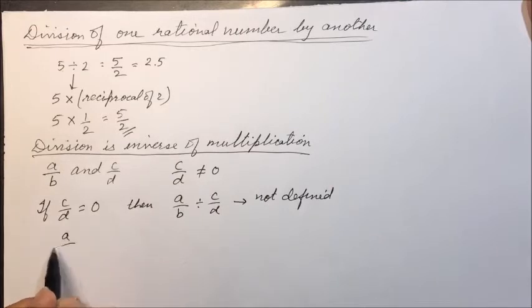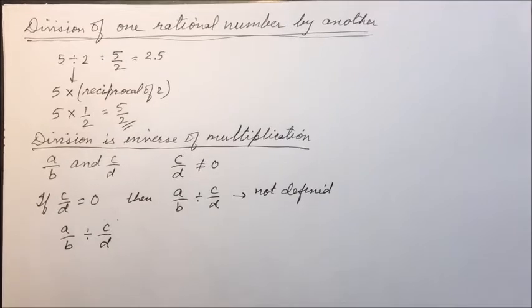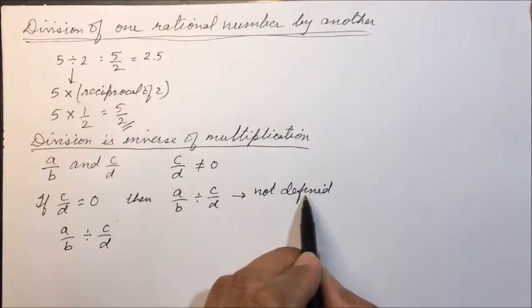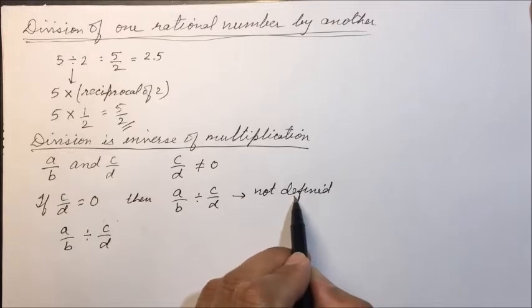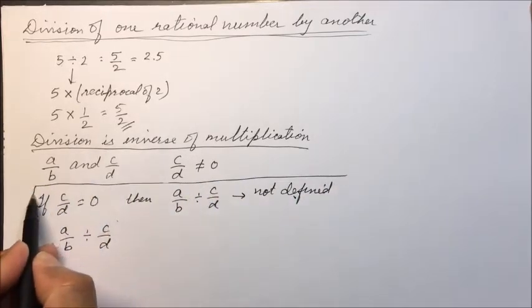So in a by b divided by c by d, this rational number must always be non-zero, or else it will become undefined, we cannot define the division. So always remember this one.